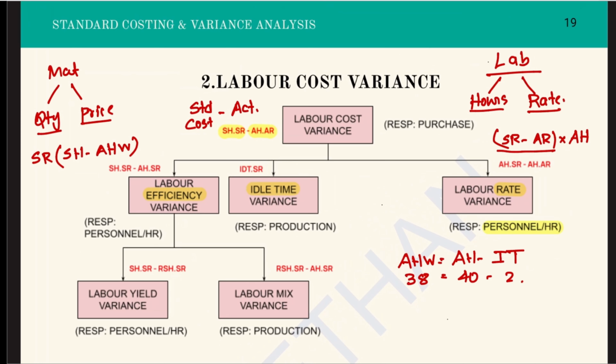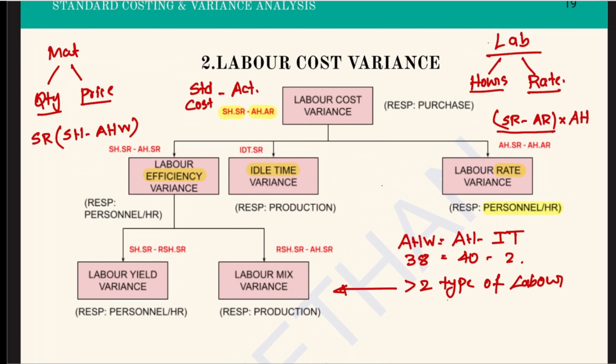Then labor efficiency variance is made up of two sub variances, again labor yield variance and labor mix variance. These formulas are applicable only when more than one type of labor is involved. What are these types of labor?